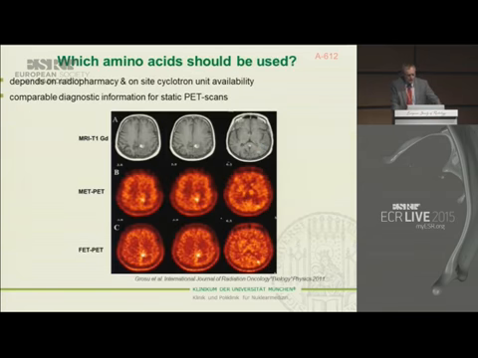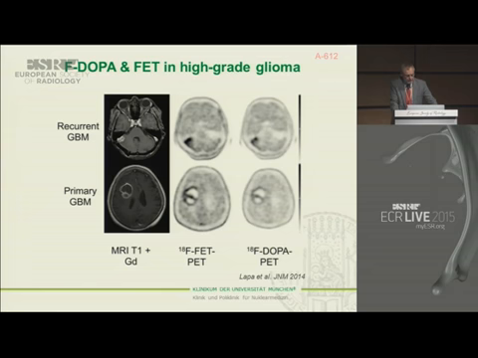So which amino acids should be used? I think it depends clearly on the radiopharmacy, if you have an on-site cyclotron, and how you get the tracers. The diagnostic information, especially for static PET scans, is very well comparable, like you can see here in this study, where the methionine PET and the fluoroethyltyrosine PET are correlated.